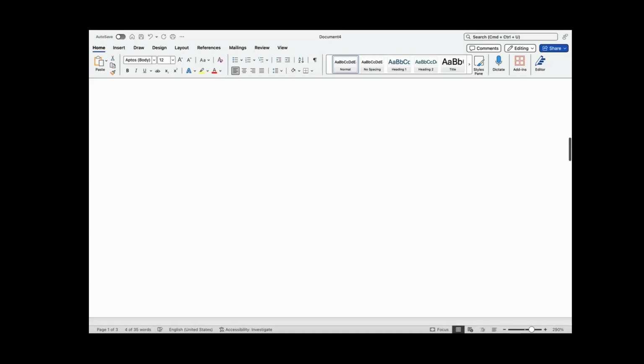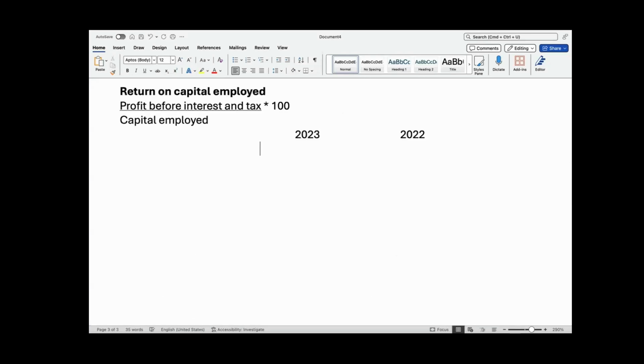So in 2023, the PBIT is 2160 plus 172. Okay, what about in 2022?